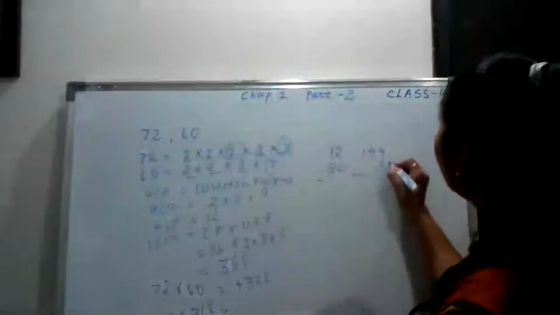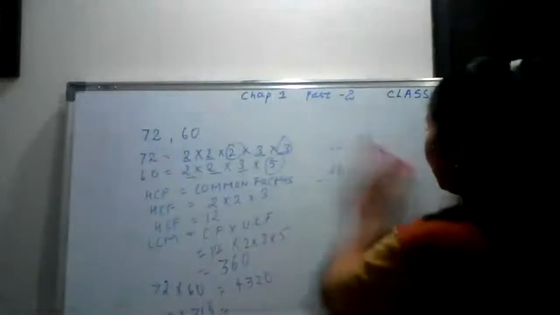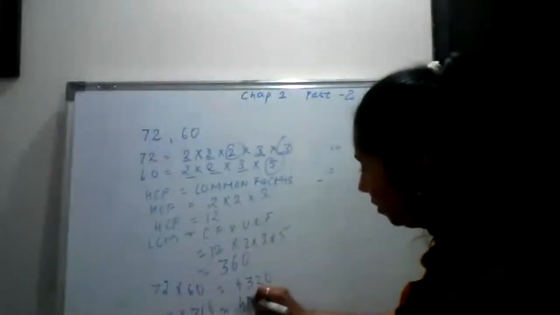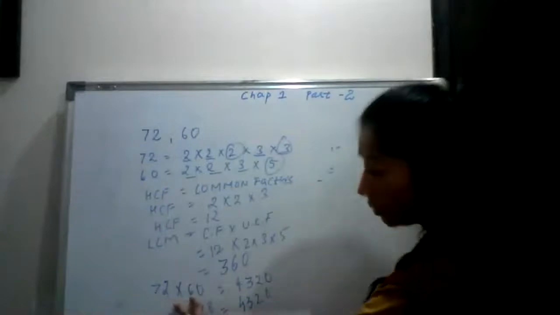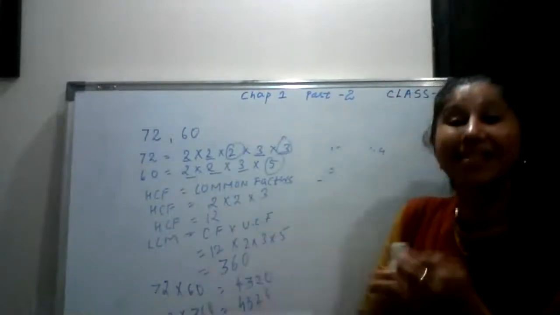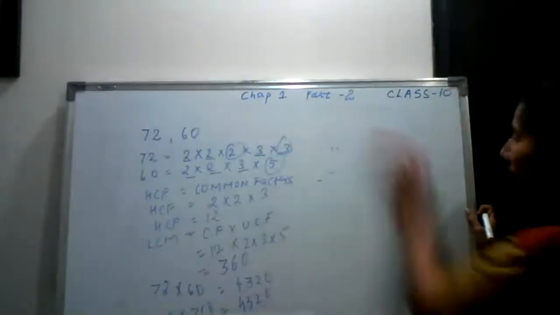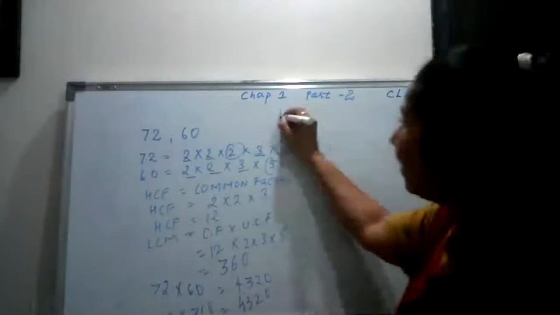So something like 144 threes are. Okay. 0. 2. 4 threes are 12 and 3. 1 carry 4, 3 2 0. So what did you notice? It means if I multiply these two numbers and if I multiply HCF and LCM, then it's the same. So this is one of the formulas which you did solve in your lower classes. What does it say?